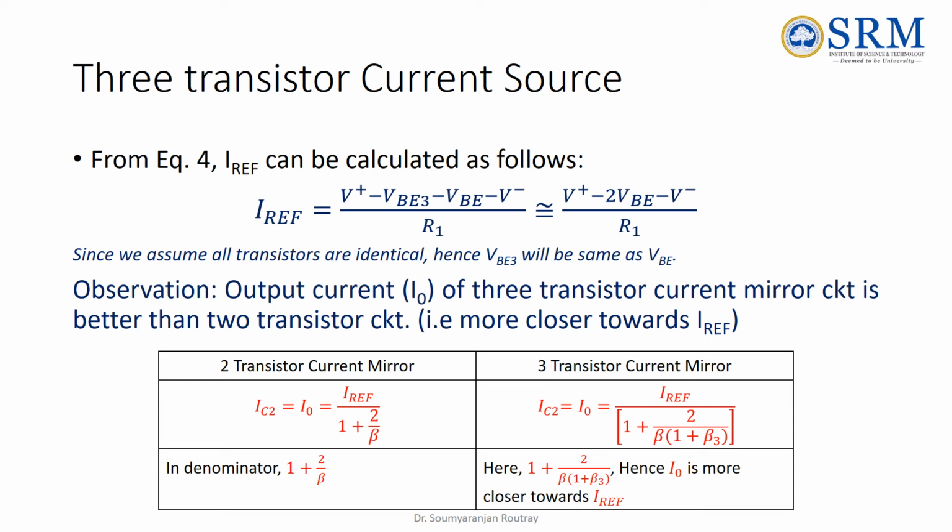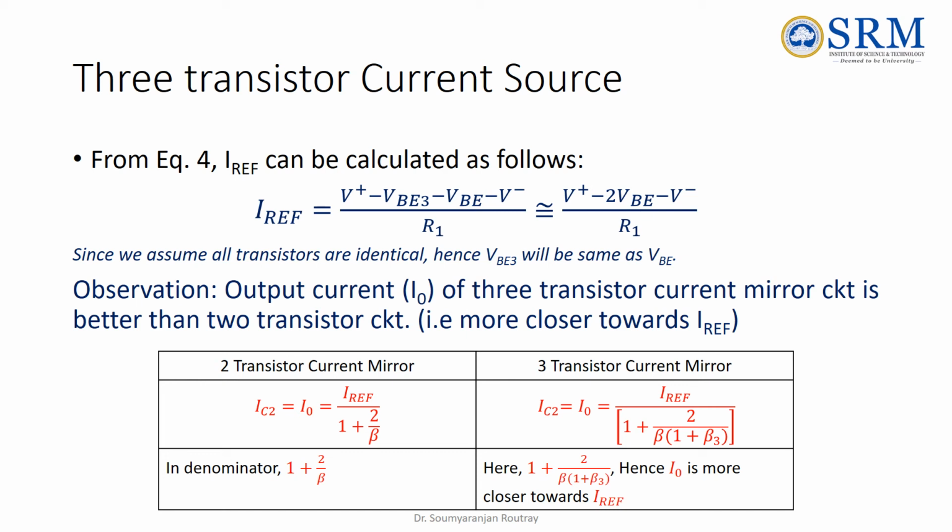Now, what observation did we get from both studies today? The output current I0 of the 3 transistor current mirror circuit is better than that of the 2 transistor current mirror circuit. That means the output current I0 is closer to I reference in the case of the 3 transistor current source. How is it possible? We can see in the table given below.